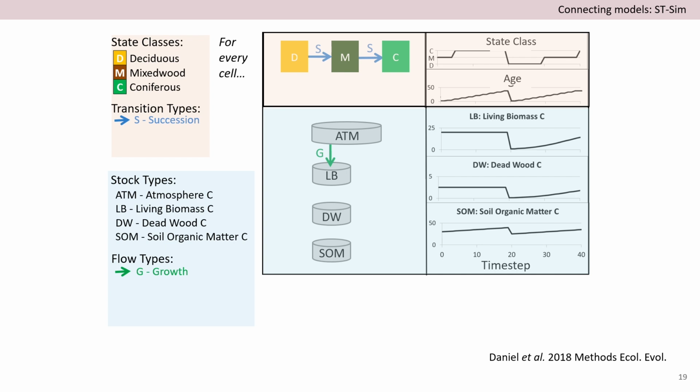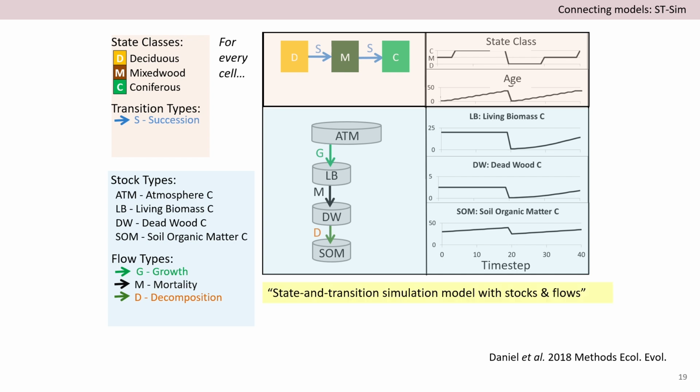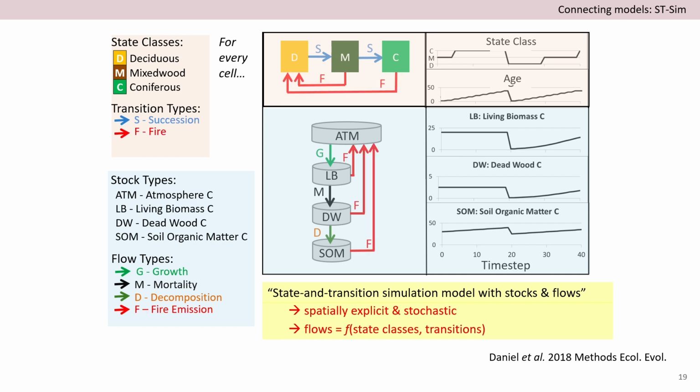Those fluxes can be specific to a particular forest type and age that might have a specific rate of productivity, so NPP for growth, or different annual rates of mortality and decomposition that are specific to what's already there on the ground. And then they can also be tied to transitions. So when you have a transition occurring on the landscape like a fire, you can have fluxes associated with that transition.